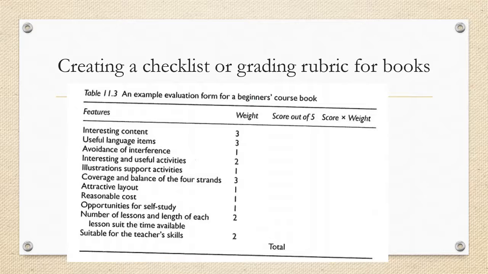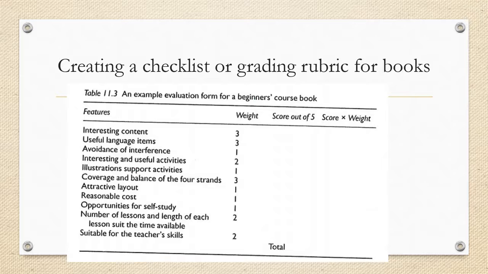So what you want to start thinking about is what is really important to you about the books that you're choosing for the class. And then you want to take the time to actually compare several books. So what table 11.3 then does is it takes a subsection of these important things that you could look for, these important features in a textbook. And then it gives a weight of how important you think each one of those things are.